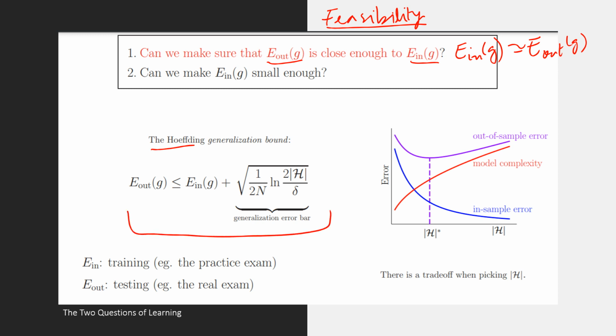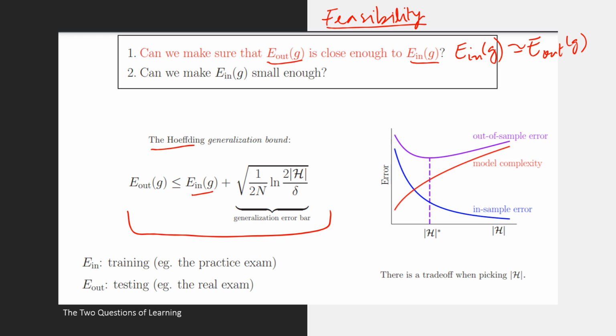Right, so we got this equation, and within this equation there is a relationship essentially between these three terms, and E out essentially depends on the value of E in and the generalization error, which is also known as the error bar.